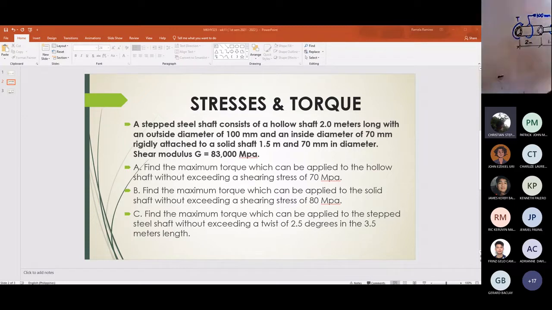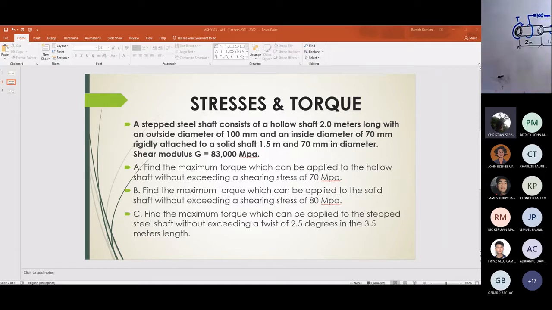So, what we are going to do is to find the following. The first is, we determine the maximum torque, which can be applied to the hollow shaft without exceeding a shearing stress of 70 megapascal.